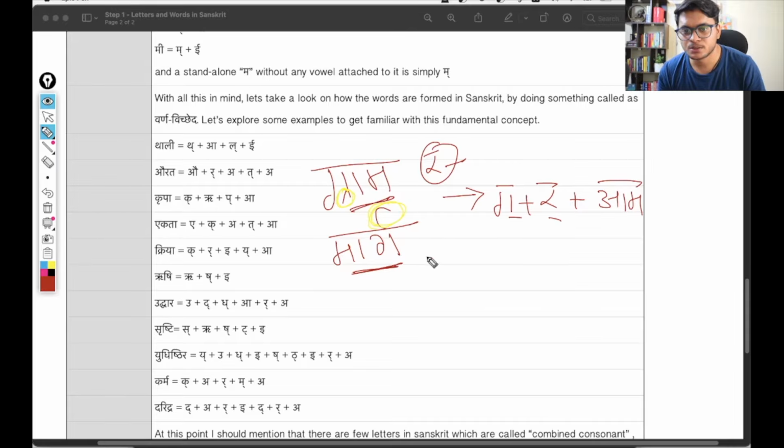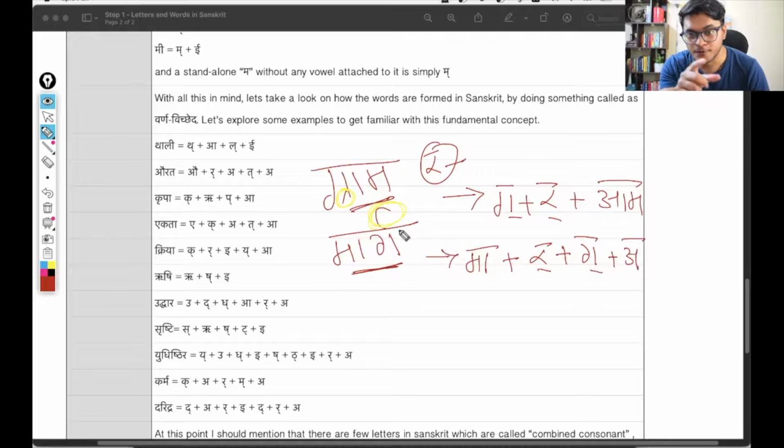And if you break this word, it comes down as ma, then you have ra, and then you have ga. So I hope you can figure out the difference, that whenever this symbol is there, it means there is a ra, but after the consonant it is attached to. And when this symbol comes, again it means ra, but it comes before the consonant it is attached to.